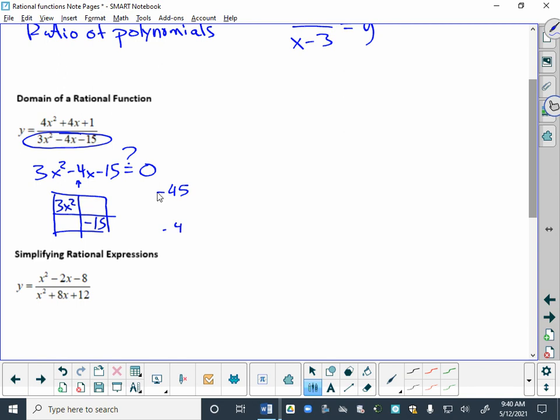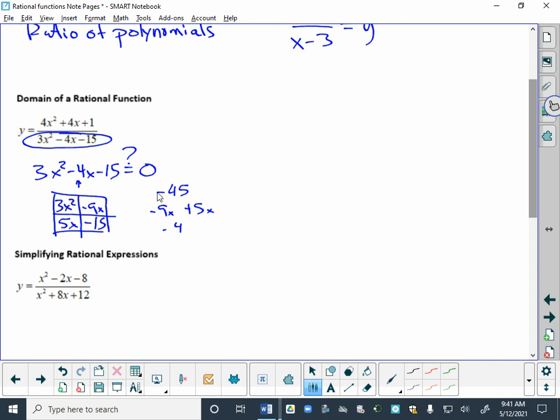Okay, so 45 can be 15 and 3. Those are too far apart. They could be 9 and 5. 9 and 5 are 4 apart. So let's go with a negative 9 and a positive 5. And those are going to go into our boxes here in either order.